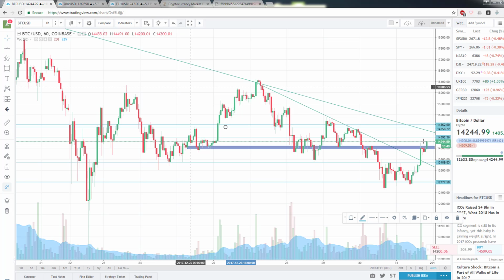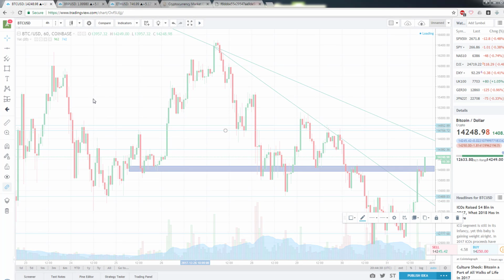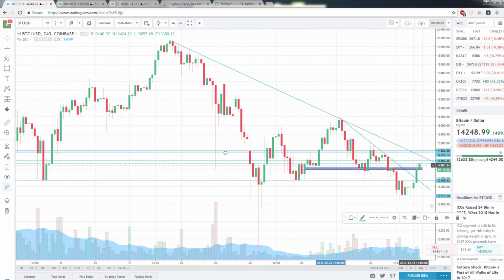And of course Bitcoin, which right now is a definite buy. Since we did this video, this candle has shot through this line, this support, this resistance zone, and this looks like a buy for me. Let's see the 4-hour chart. Yeah, this looks like a buy, but then again the room is very small, a very small margin.